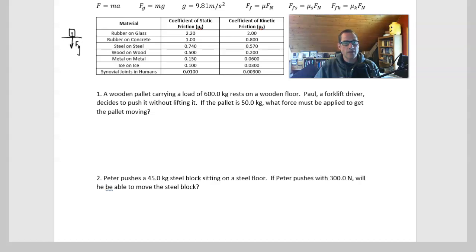Because it's at rest, all the forces are in equilibrium, meaning they're balanced, and so there's a force that we call the normal force, and Fn is what we'll use to describe that. Fn and Fg are equal in magnitude but opposite in direction if it's on a horizontal surface, which all these questions are.